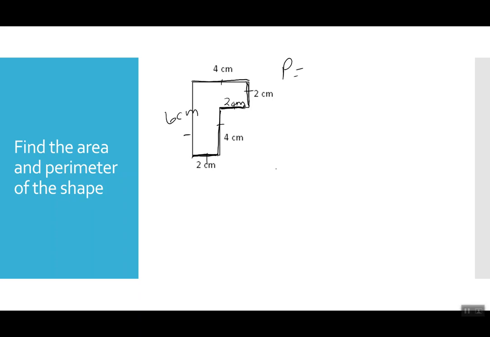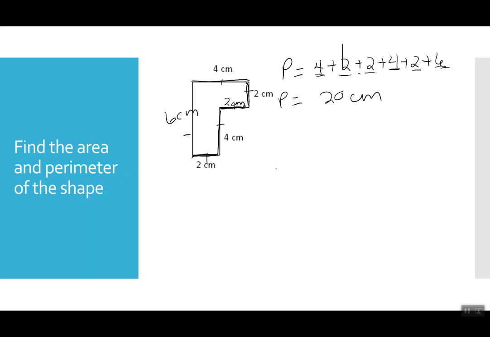Now to get my perimeter, I'm going to add 4, 2, 2, 4, 2, and 6. So here's what I'm doing. I say 4 and 6, that's 10, 14, 15, 16, 17, 18, 19, 20. There's 20 centimeters. Of course, you can put it in your calculator.